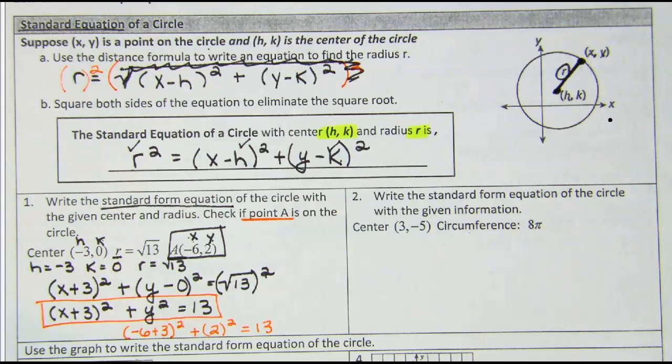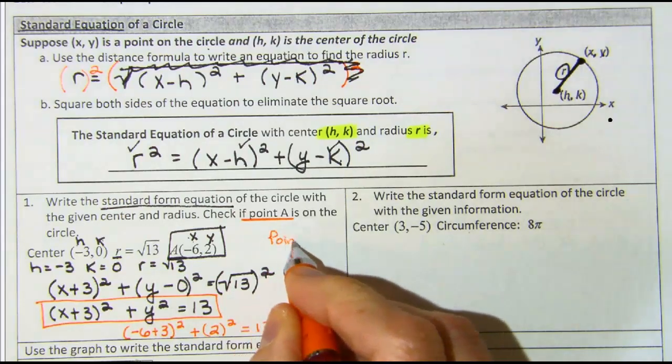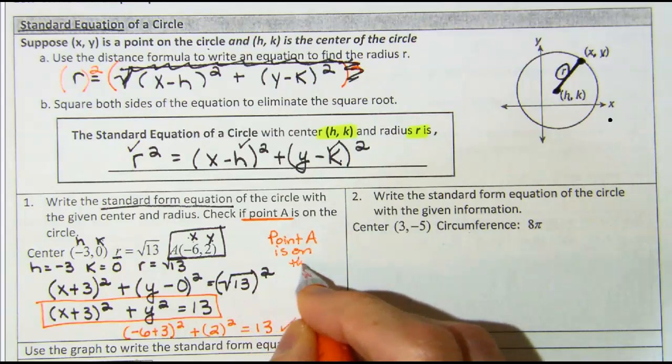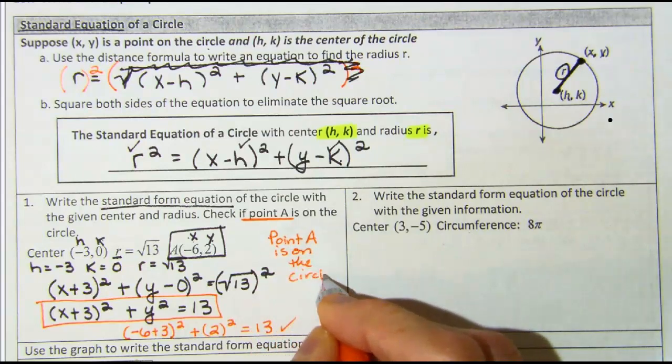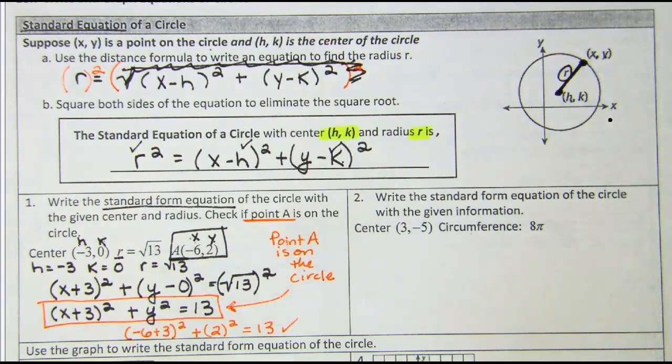Now you can mental math this. This is going to be -3 squared, so that's 9, and that's going to be 4, and 9 plus 4 is 13. So what we can say here is that point A is on the circle. And this is the equation of the circle.